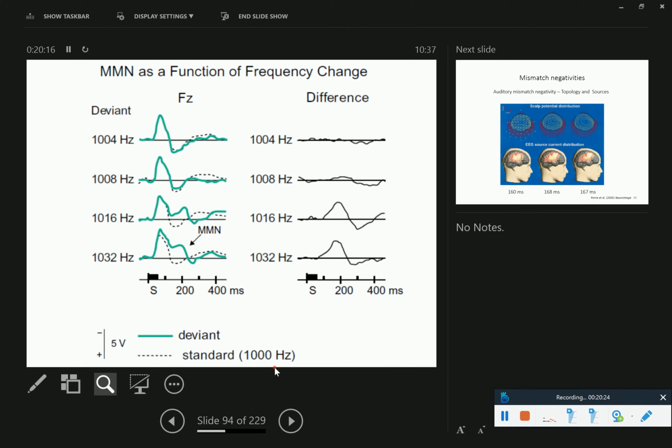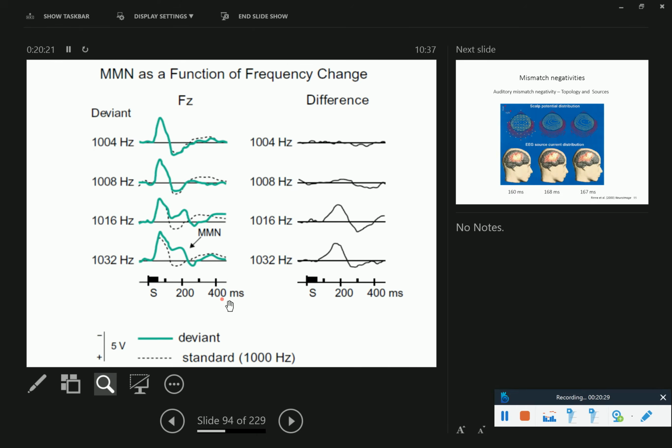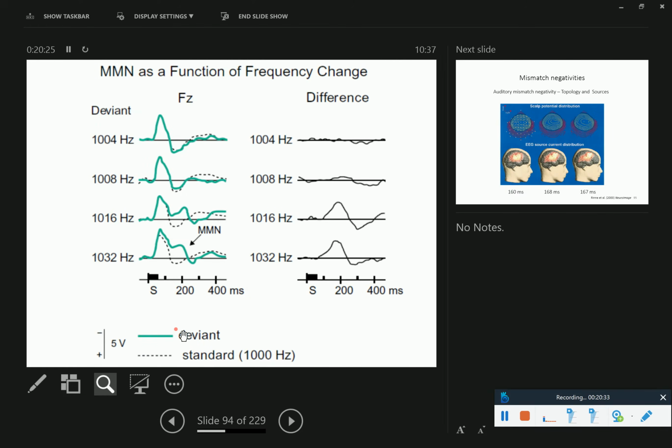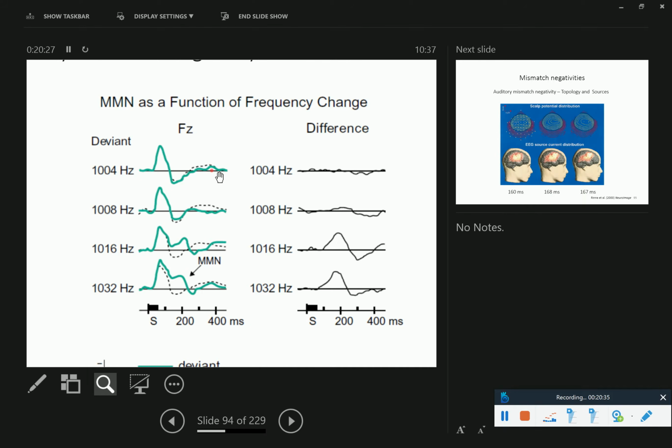There's another problem with these typical experiments that use 20%, 80%. If you average the data and you do like 1,000 trials, then obviously you have 800 trials for the standard and 200 trials for the deviant.